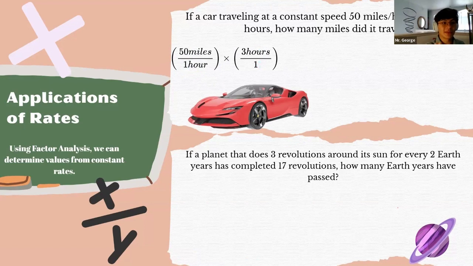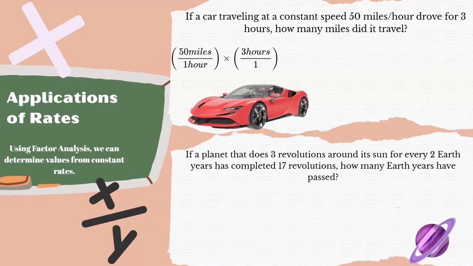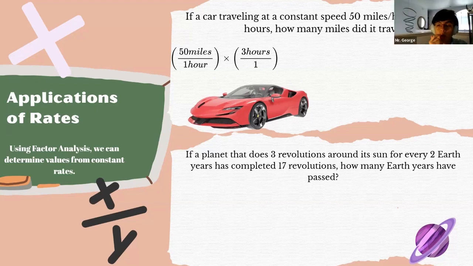We want to set up the equation so that we get the value we want to figure out in this problem. What value is that? How many miles it can travel, right? But what we have here is a value that gives us miles per hour, and the hours. So we want to multiply these factors out so that we eliminate the hours. Let me draw something.